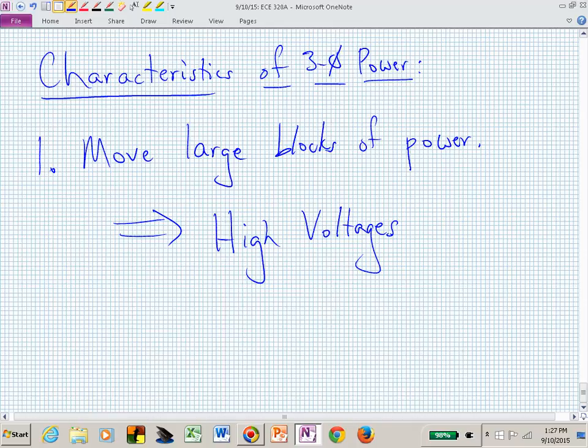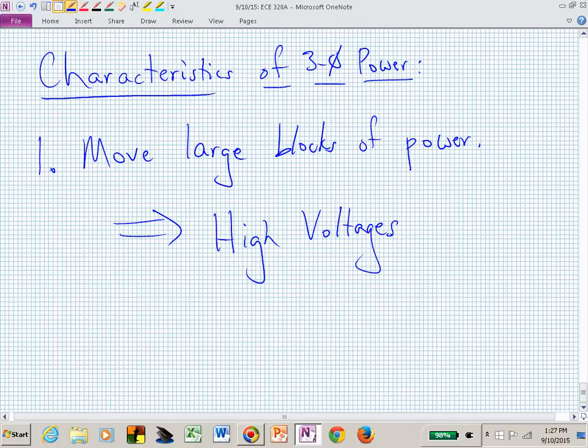I know I want this much power, and that power is the product of V and I. You're going to remember this, I hope. If you have a big V, you don't have as big of an I, and that I squared R loss won't be as large. That's why you want to transmit these large blocks of power with high voltages.